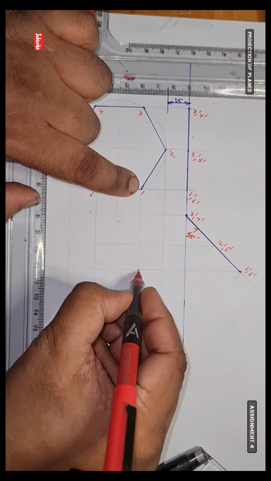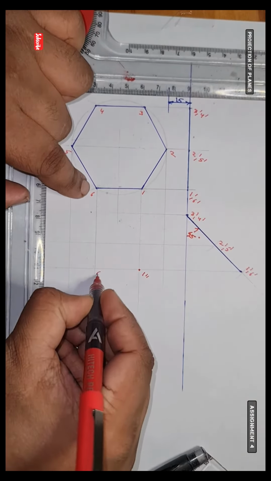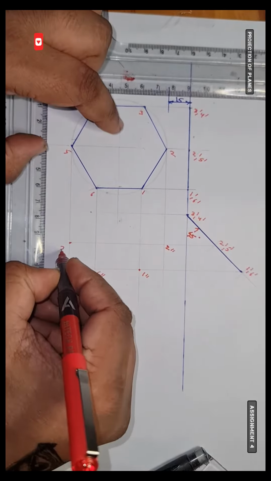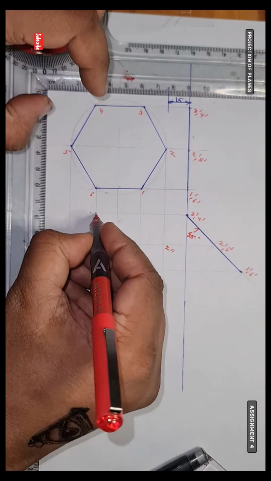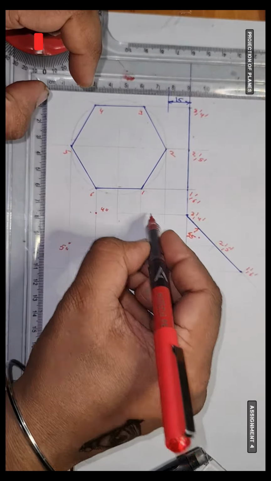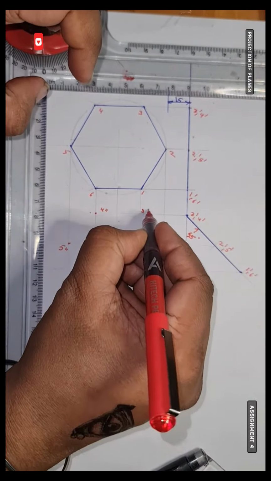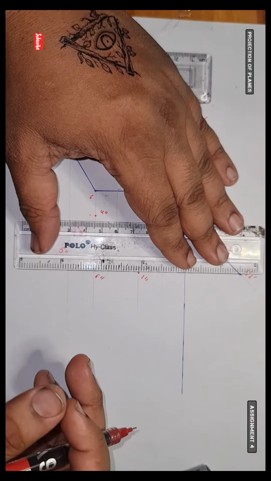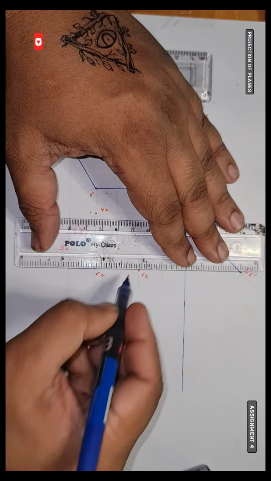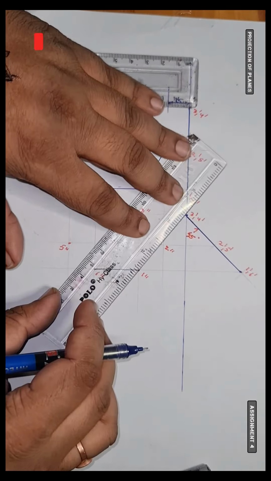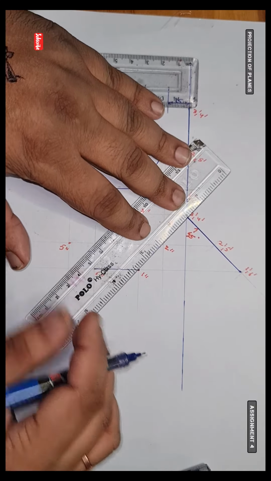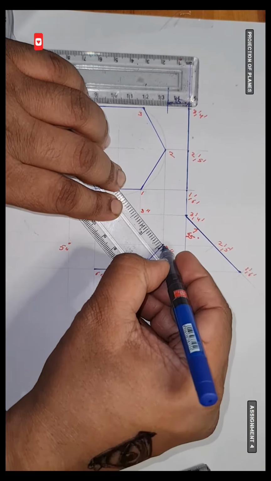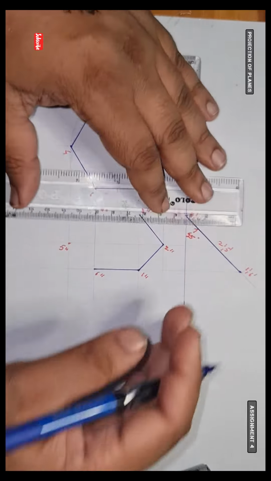This would be 1 double dash, this would be 6 double dash, this would be 2 double dash, this would be 5 double dash, this would be 4 double dash, this would be 3 double dash. Now you join it, so its width will be a little bit reduced, and you will get some distorted type of shape in the top view.